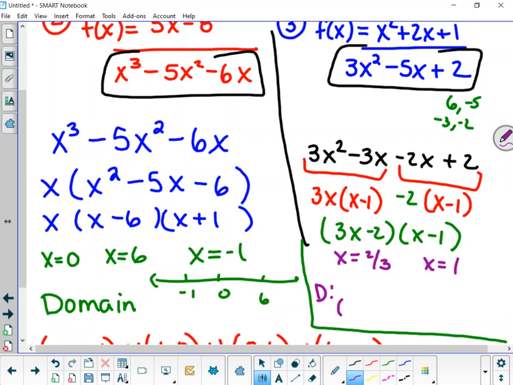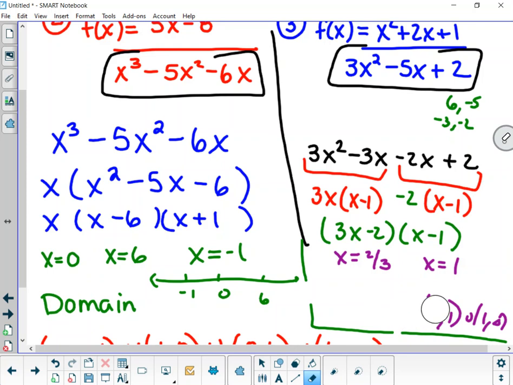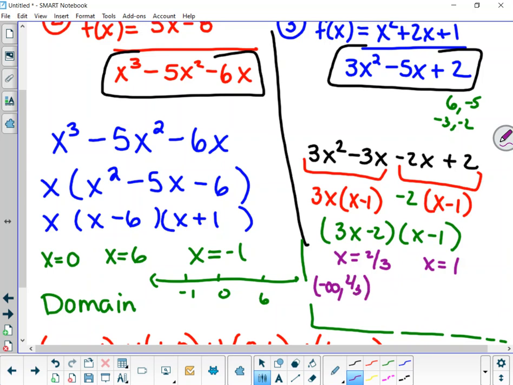So my domain goes from -infinity to 2/3, and then from 2/3 to 1, and then from 1 to infinity. Let me write that again. -infinity to 2/3, and 2/3 to 1, and 1 to infinity. That's my domain.